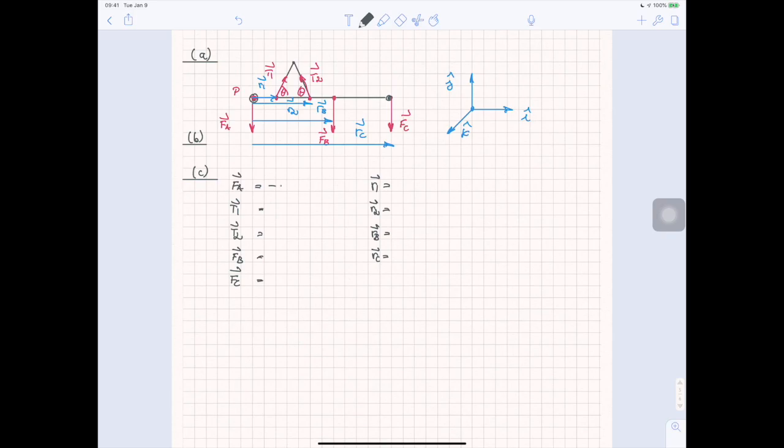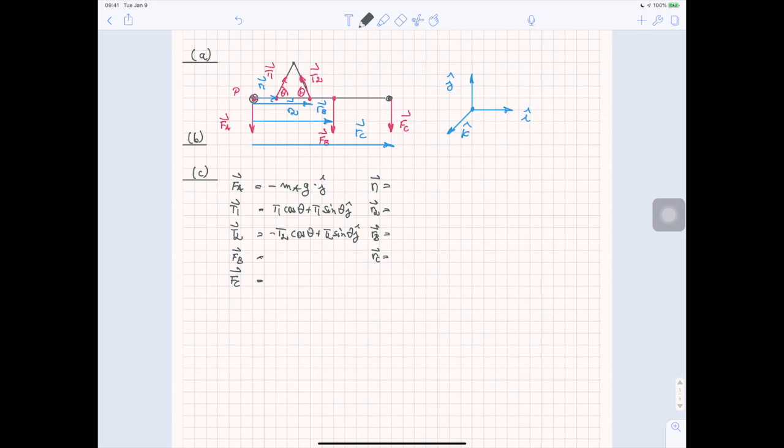So here this would be FA equals minus MA g times j. T1 is T1 cosine theta i plus T1 sine theta j. T2 has a negative component for the x direction: minus T2 cosine theta i plus T2 sine theta j.